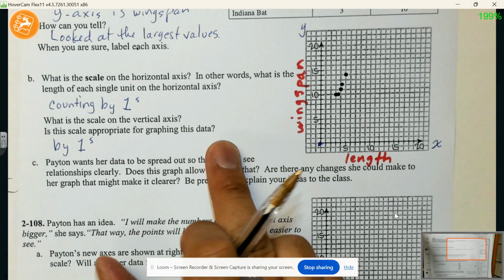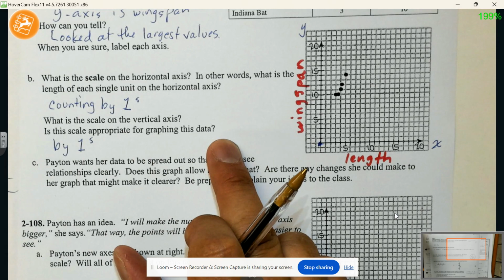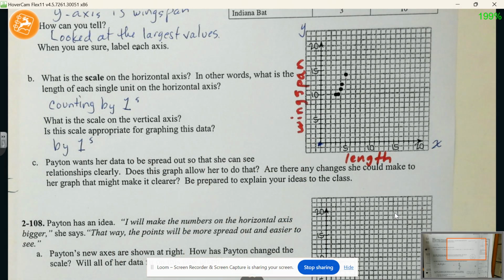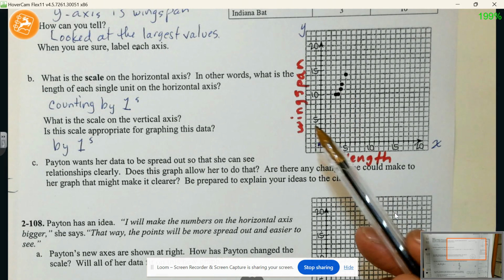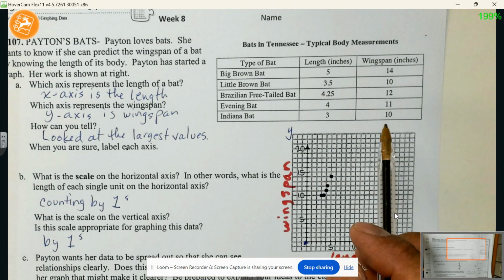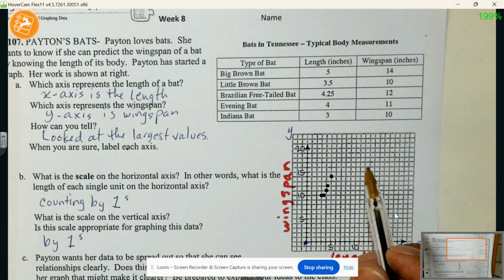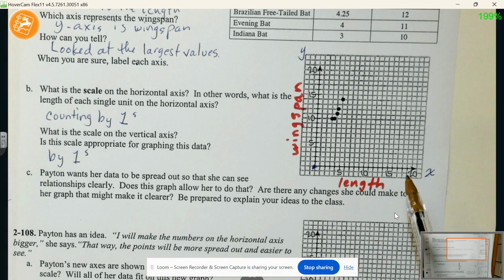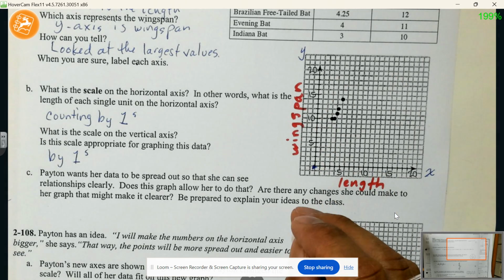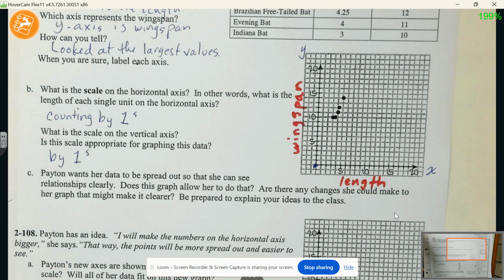Is the scale appropriate for graphing this data? So they're asking, is this an appropriate graph for these numbers here? And what it kind of looks like is the graph is pretty big in size of the amount of space that we can use, but how much of this space did we actually use?